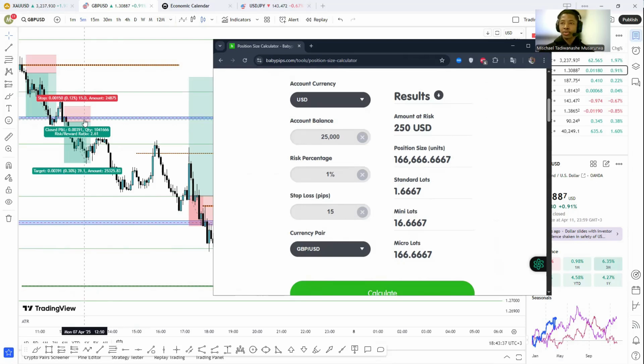You don't need to count or use that measuring tool I was using. It will show you automatically that there are 15 pips here. And you just go to your Babypips calculator, put in your stop loss pips, and then enter your position using the lot size they provided.